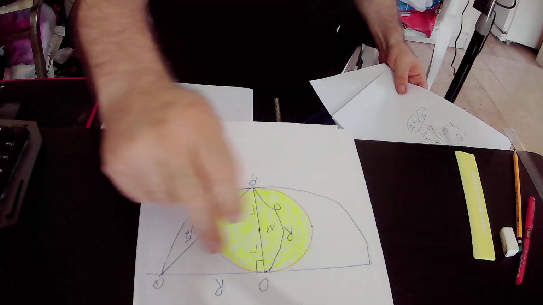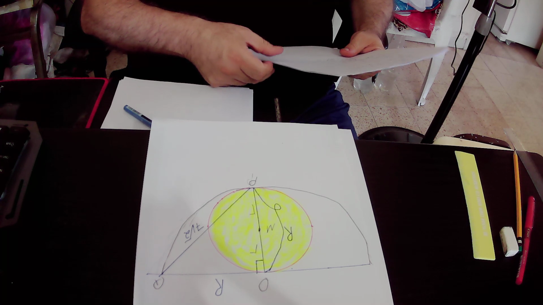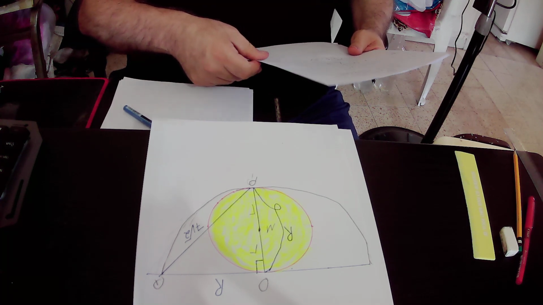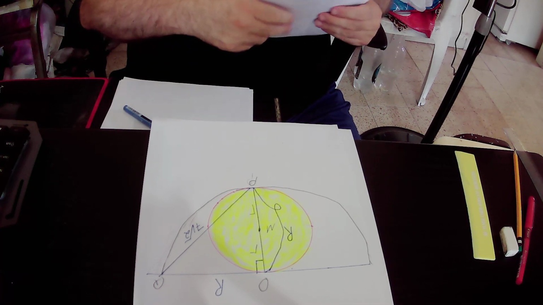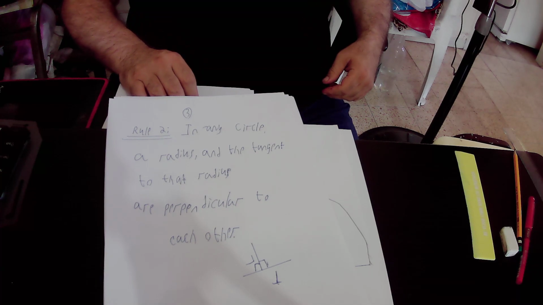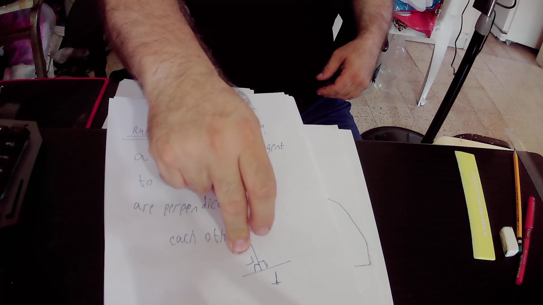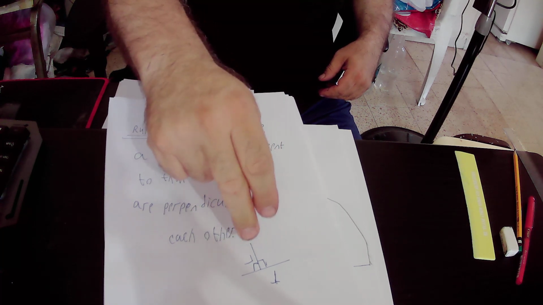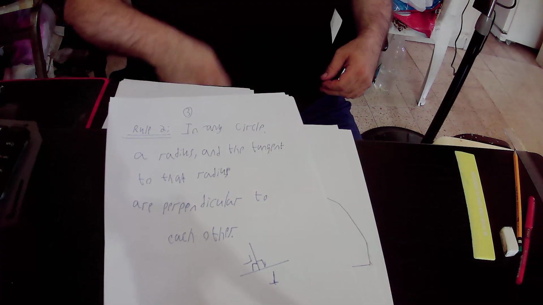For that reason OQ is also the radius of the semicircle, and we actually have rule number 2 that states that in any circle, a radius and the tangent to that radius are perpendicular to each other. So if we have a radius, we will call it R, and we have a tangent to that radius, then this angle is 90 degrees and also this angle is 90 degrees.